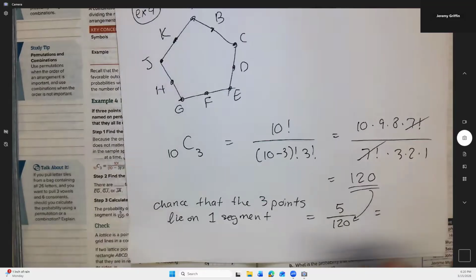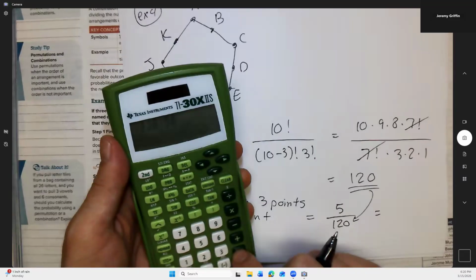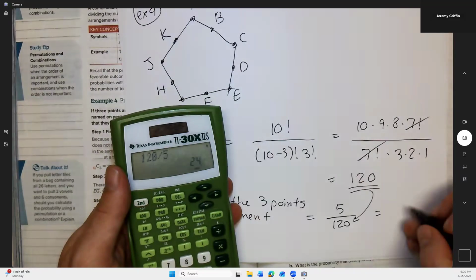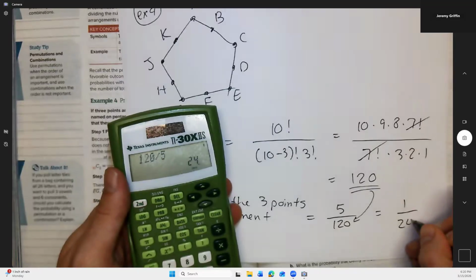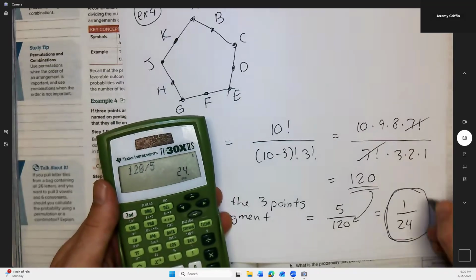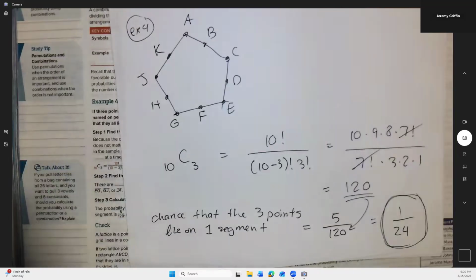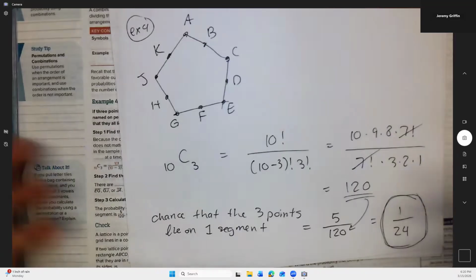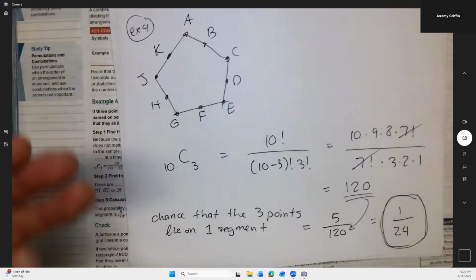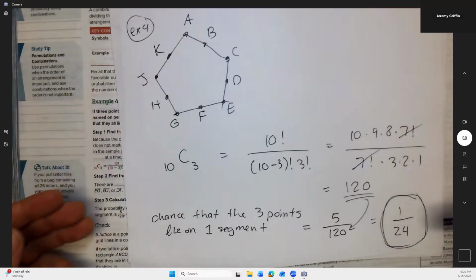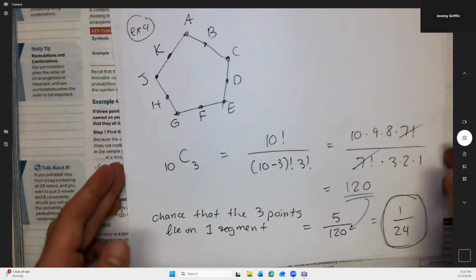So it'd be 5 out of 120. Now if I do 120 over 5, I can get the reciprocal, which would be 24. So this reduces to 1 out of 24. So if you choose any 3 random points on this pentagon, in any order, what's the chance that they happen to all lie on the same line segment? That's going to happen 1 out of 24 times. There you go.